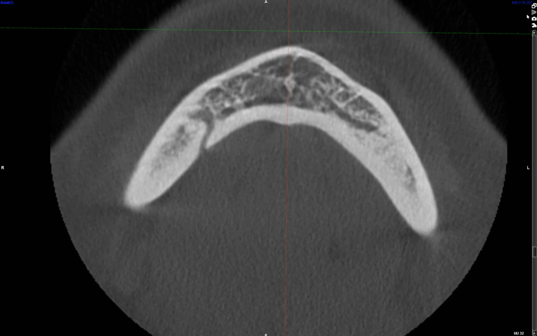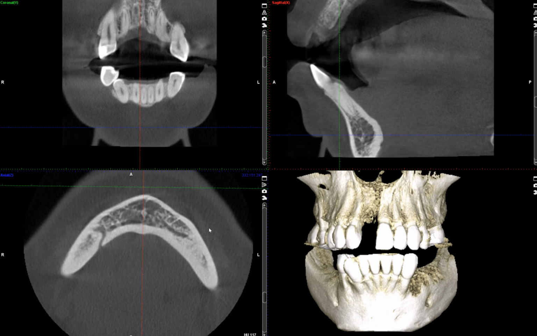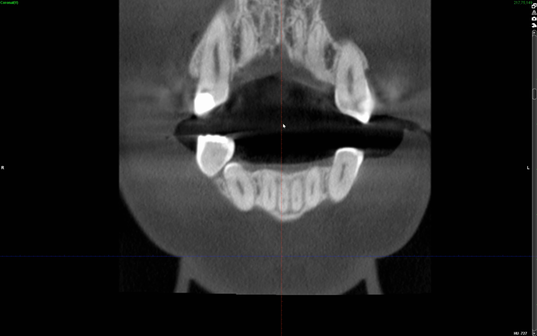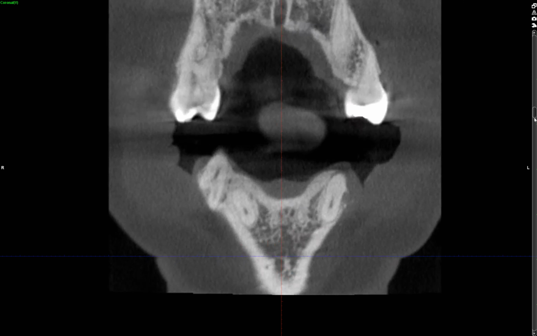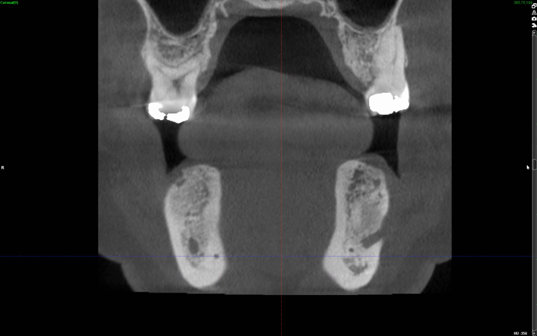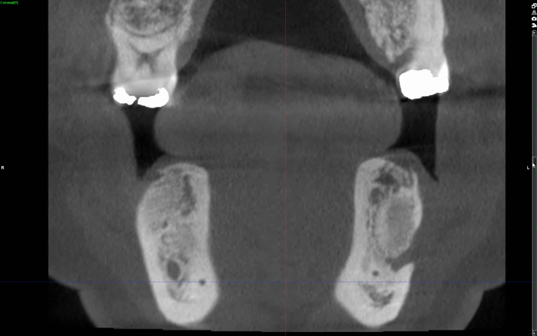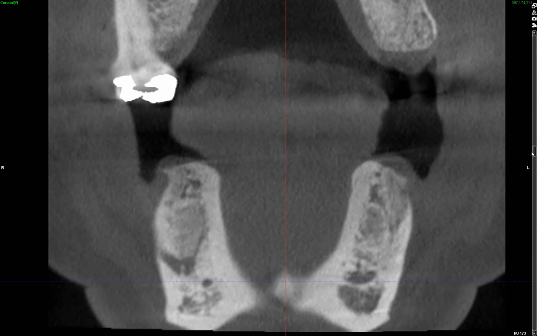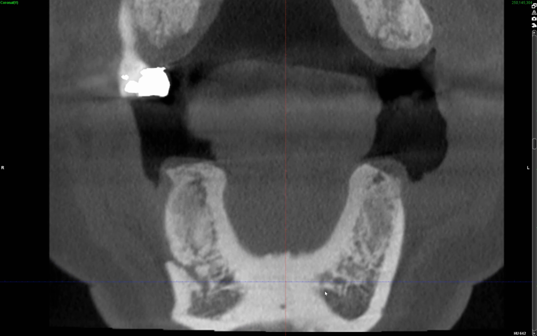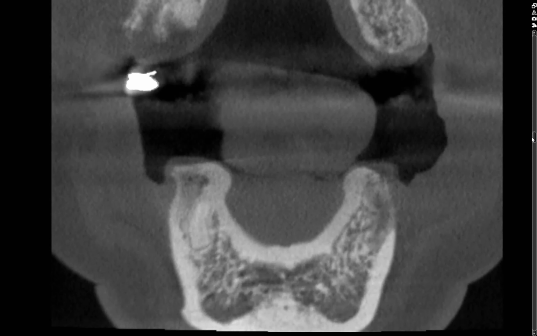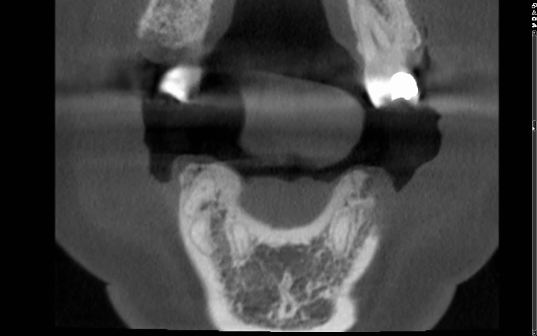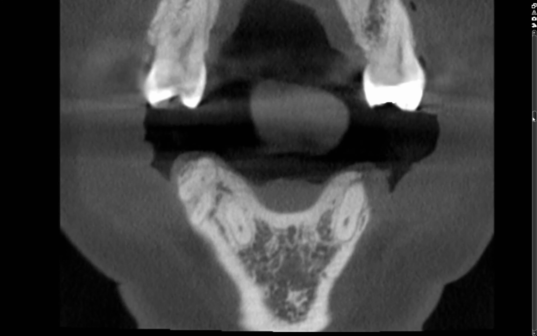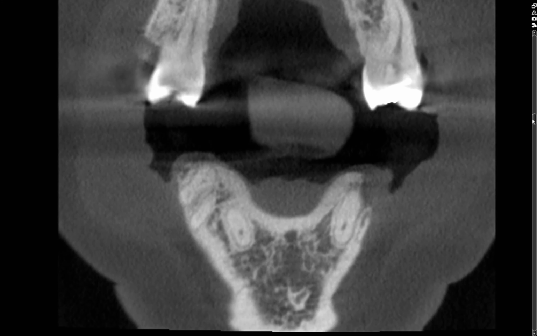So I try to look at this in the coronal view, and it wasn't as easy to see that. So here's our mental foramen right here. You can see the part of the incisive nerve. Let me hide that crosshair. There you go. They're joining right here.